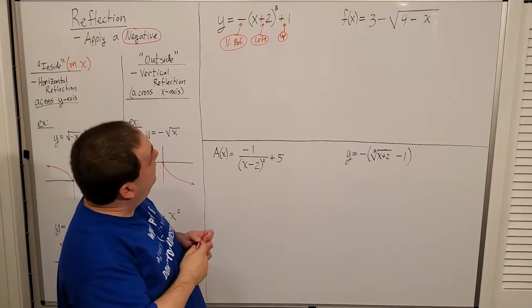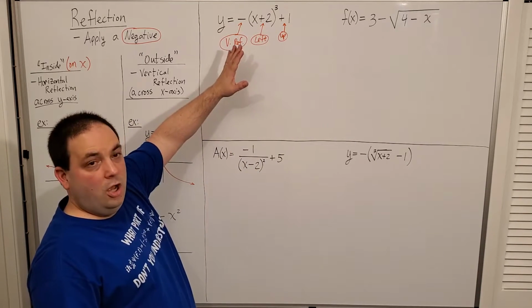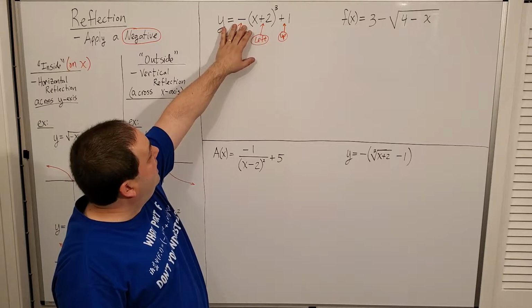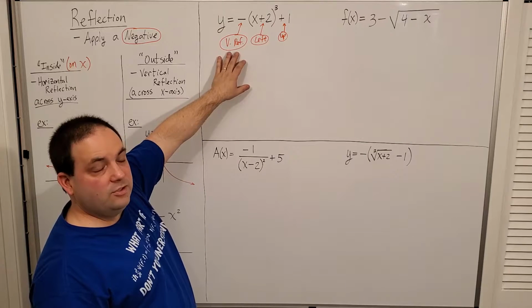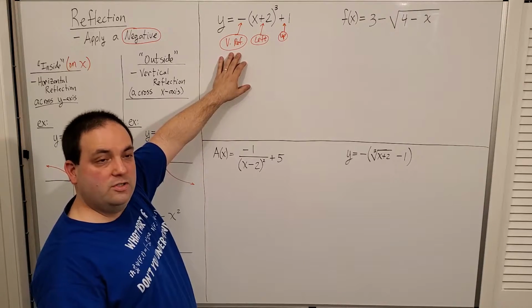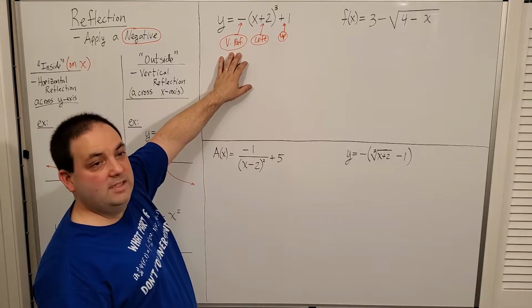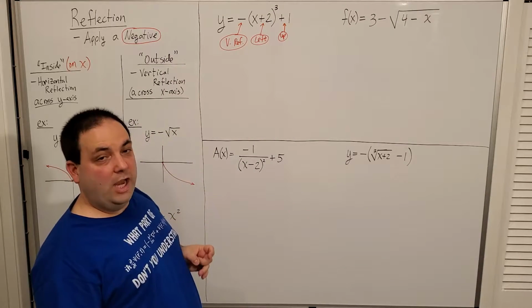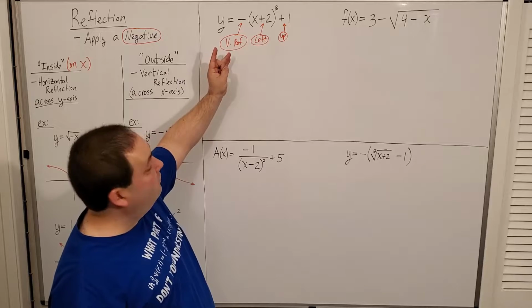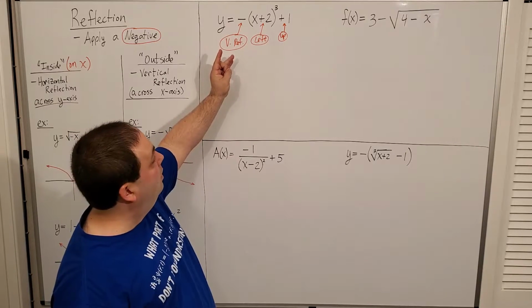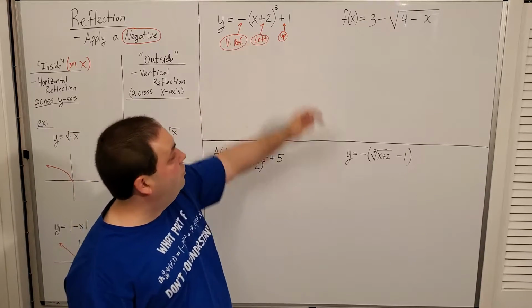And of course, the way this thing is written out, with the negative on the outside of the parentheses and things like that, you want to do your vertical reflections and your horizontal reflections first in pretty much every case, unless there's parentheses changing what's going on, okay? So you would do your vertical reflection first, and we'll do that graph in a second, right? Then do your translations.